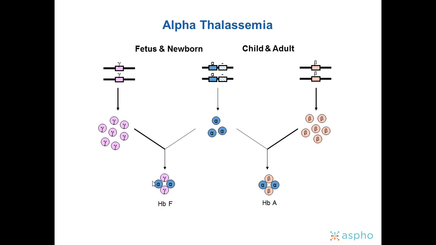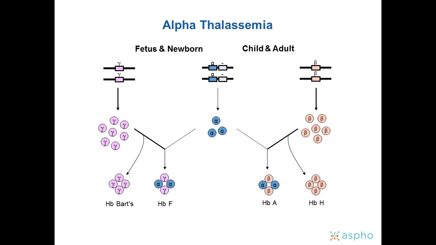You are still able to make hemoglobin F, and you are still able to make some hemoglobin A, but the gamma chains are in excess in neonatal and fetal life, and that results in the production of hemoglobin Bart's. So if you have a newborn screen that has hemoglobin Bart's, that means that this child must have a form of alpha thalassemia. The cognate in postnatal life is hemoglobin H, which is a tetramer of beta chains.